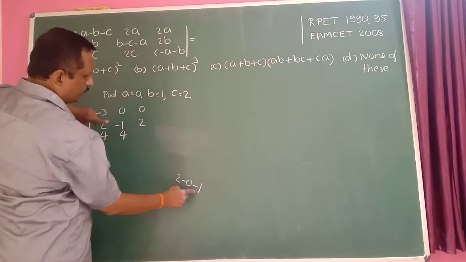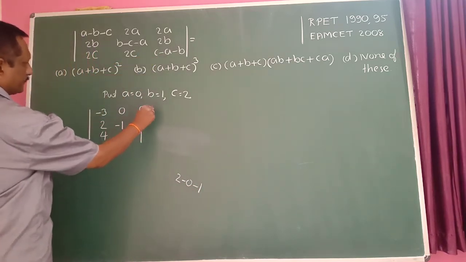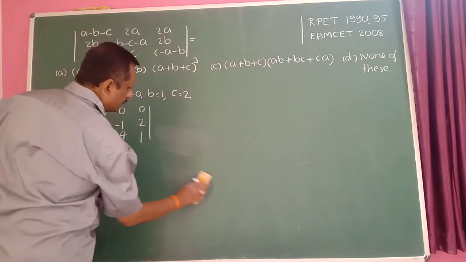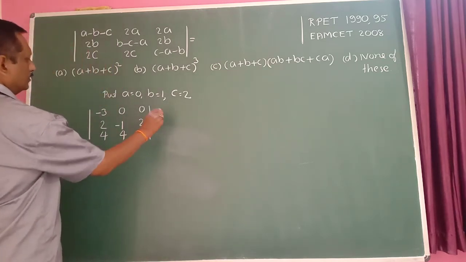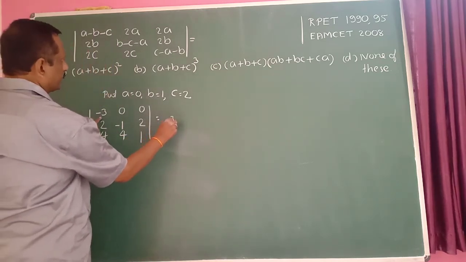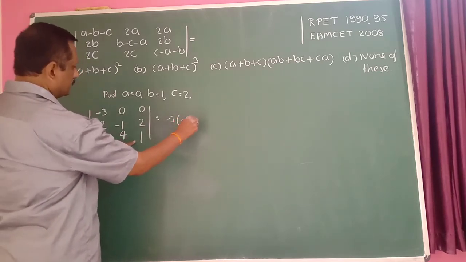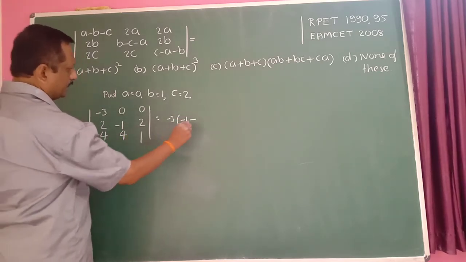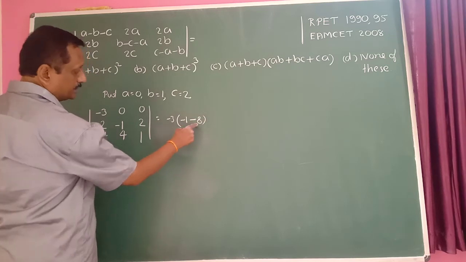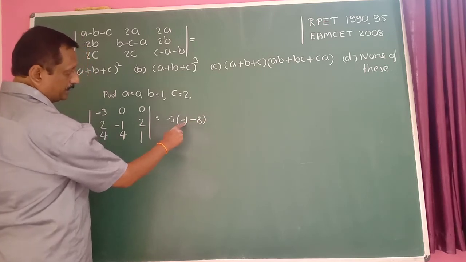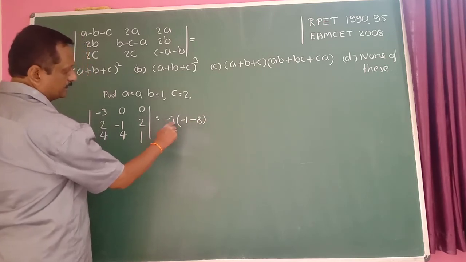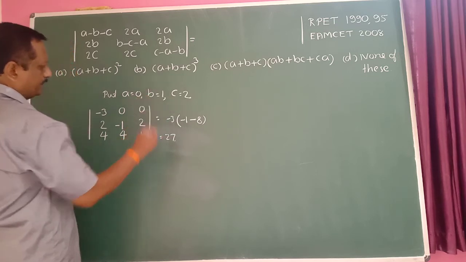Minus of 1. 2 minus 1 becomes a 1 here. Okay. Therefore, this is equal to minus of 3 here. Minus 1 into 1 is a minus 1, minus of 4 to the 8 here. Minus 8 minus 1 is minus 9, minus into minus plus, 9 is a 27 here.